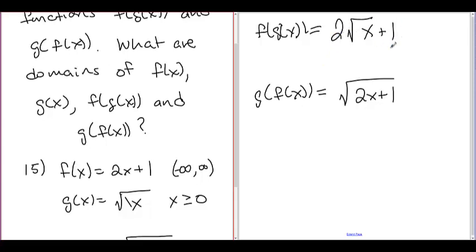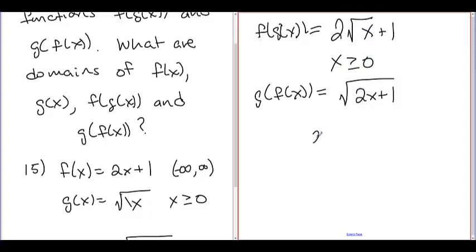So when we get over here, again, we haven't simplified anything. In this case, we really can't simplify anything. Here, the same thing applies as did the second part here. So x has to be greater than or equal to 0, because if I have x less than 0, I have the square root of a negative number, which can't work.